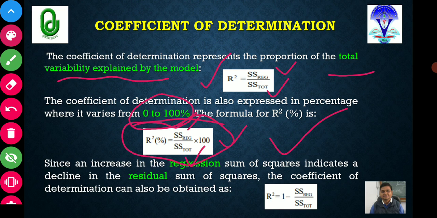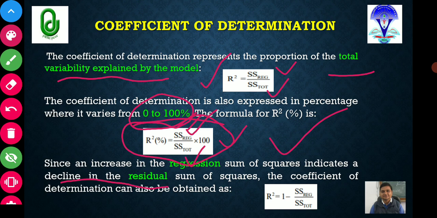An increase in the regression sum of squares means the model is going to explain many of the things. That means the model is a good model. It indicates a decline in error. So if the sum of squares due to regression increases, the error will decrease.